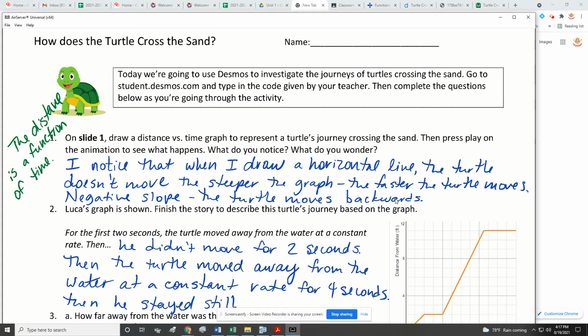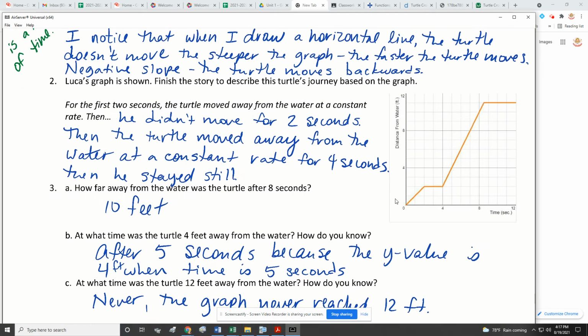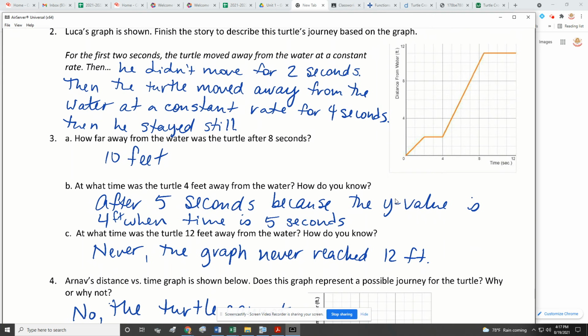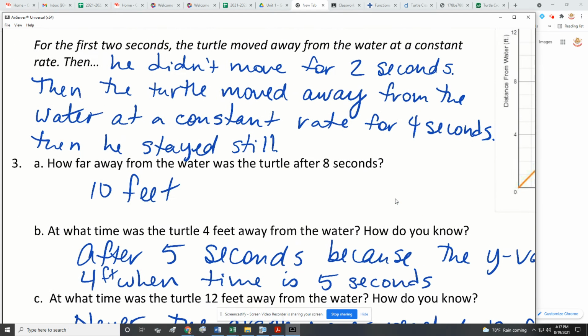Now, this is an introduction to functions. This kind of gets you thinking about functions. Okay, and then we have a situation where you have the graph and you're supposed to write a story about it. So you can check yours with mine.